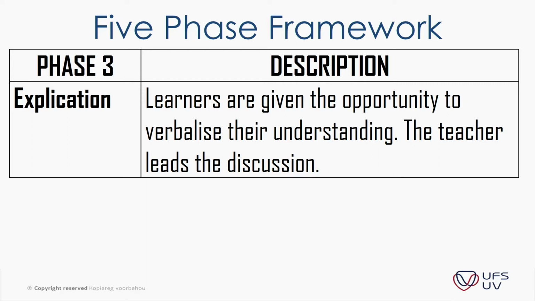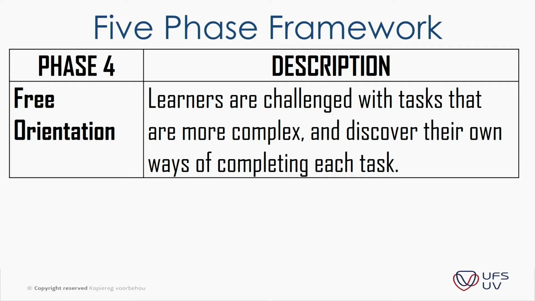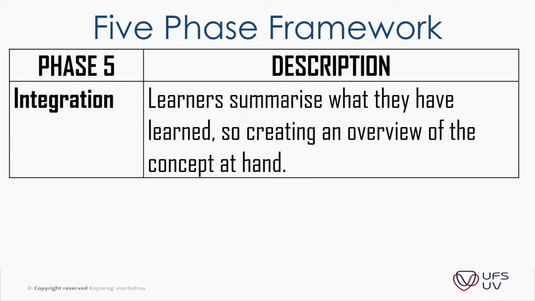Learners are given the opportunity to verbalize their understanding. The teacher leads the discussion. Phase 4, free orientation. Learners are challenged with tasks that are more complex and discover their own way of completing each task. Phase 5, integration.